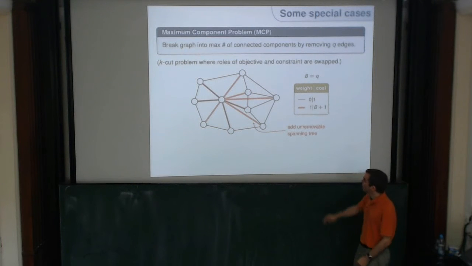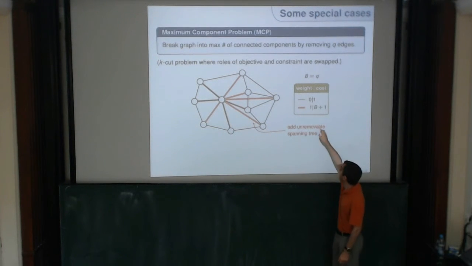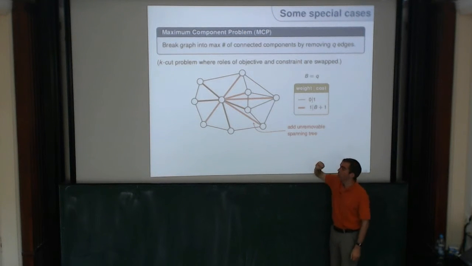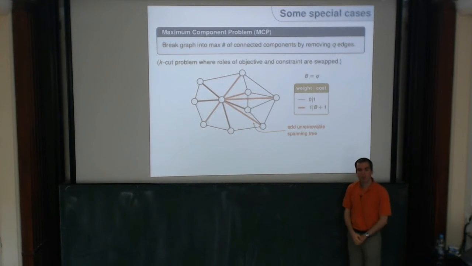I want the spanning tree I just added to not be interdictable, so I'll make sure its interdiction cost is larger than the budget: it's b plus 1. The budget is the same as q, so b is equal to q. The weights are as follows. The black edges have an interdiction cost of 1, so they can be removed, and the black edges have a weight of 0. The red edges have a weight of 1. So essentially you can only remove black edges, and then you compute the MST of whatever is left.